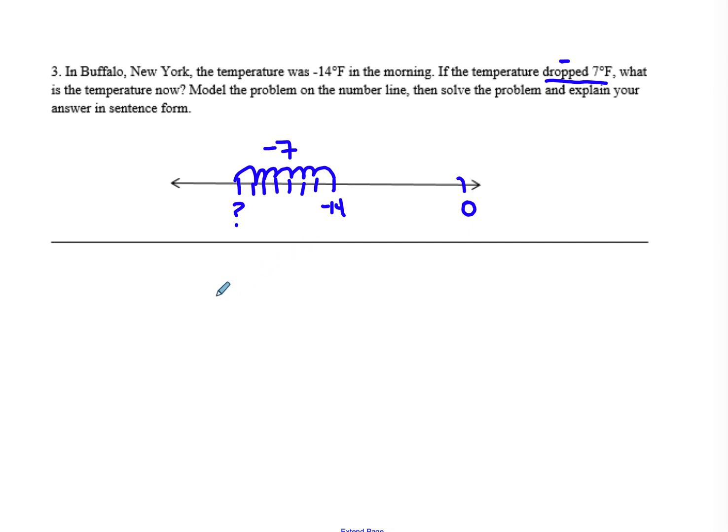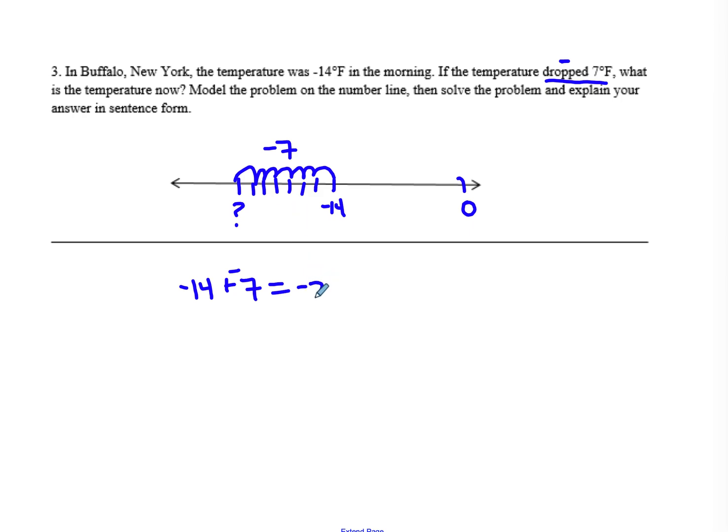Okay, so now I'm going to go ahead and write my problem, and then I'm going to solve it, and I'm going to write my answer in sentence form. So negative 14 minus 7 degrees, because it's going down 7 degrees. Boom, change to addition, boom, change the sign. It's the same thing as adding a negative 7. We went 7 spaces towards the negative side of our number line.